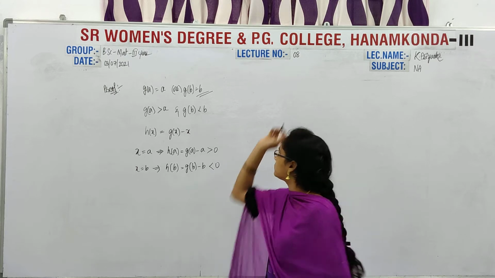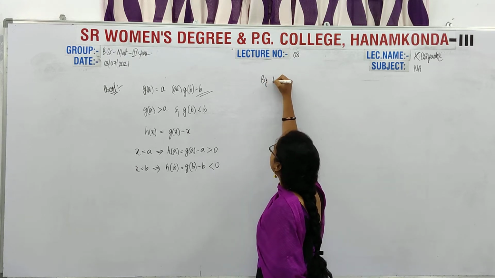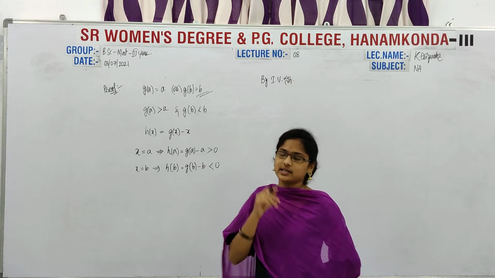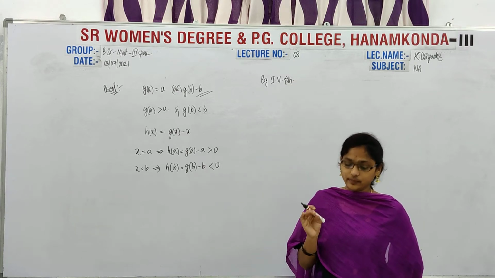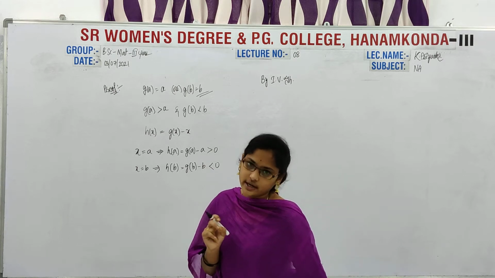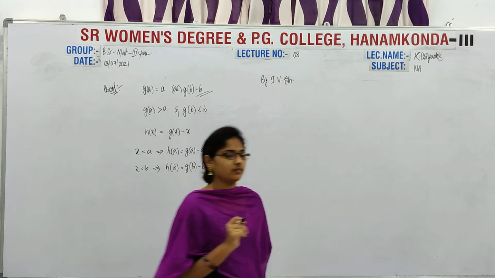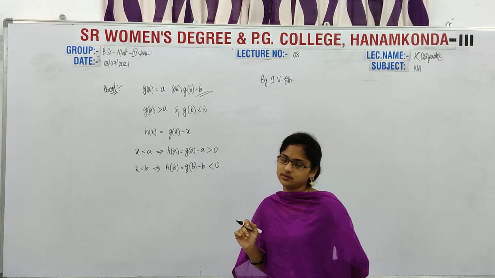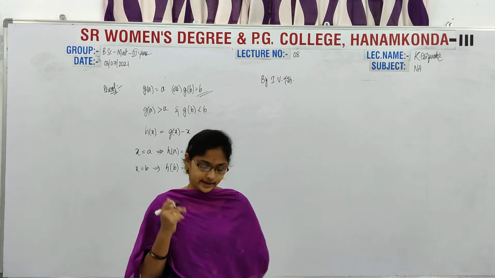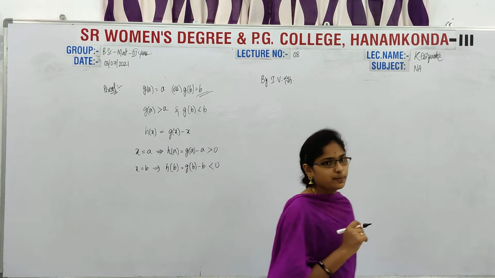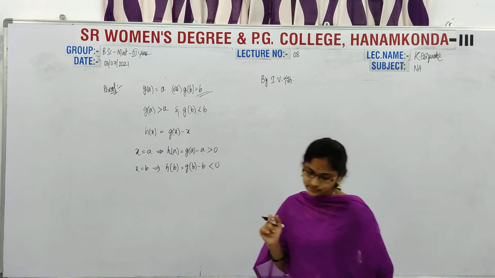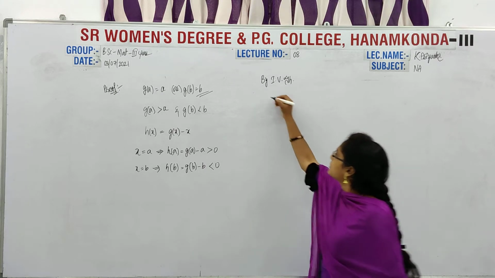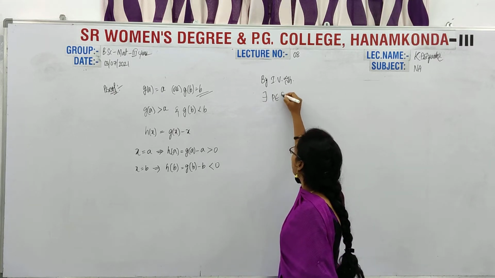But how do we have to consider it? By the intermediate value theorem. By the intermediate value theorem, we have, in the next line, there exists p belongs to [a, b].